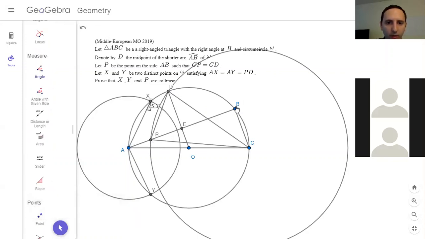At least I think so. So we want to show angle AXP is equal to angle XBA, or just somehow show those triangles are similar. But AXP is kind of hard to compute.